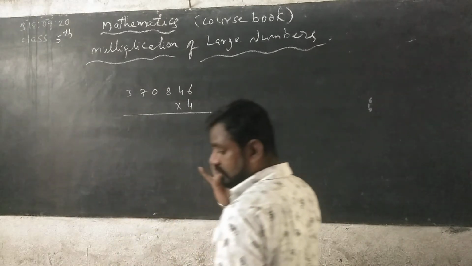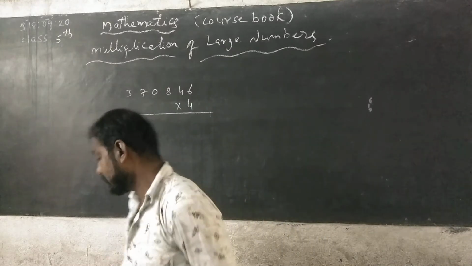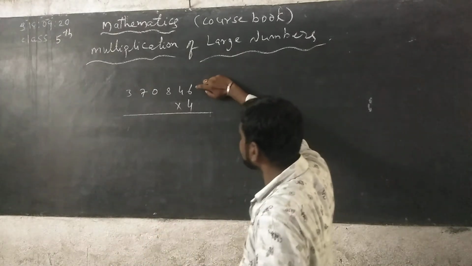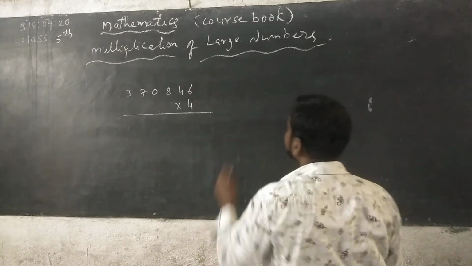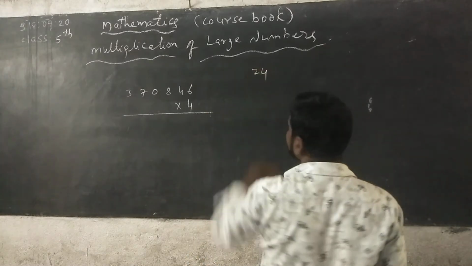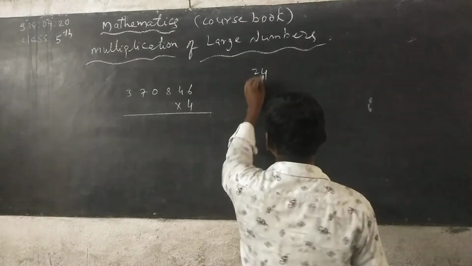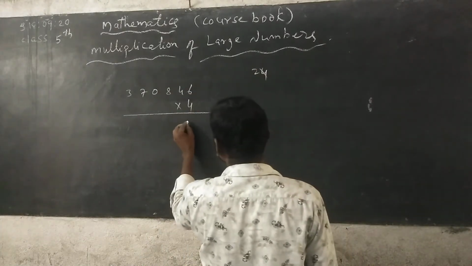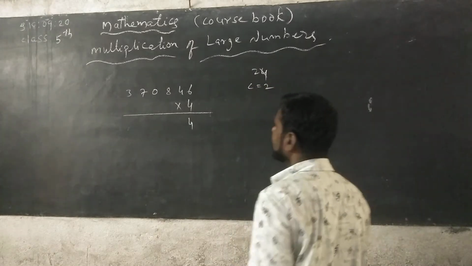First we multiply the digit in ones place with 4. 4 sixes are 24. 4 we write under the ones column and carry 2.